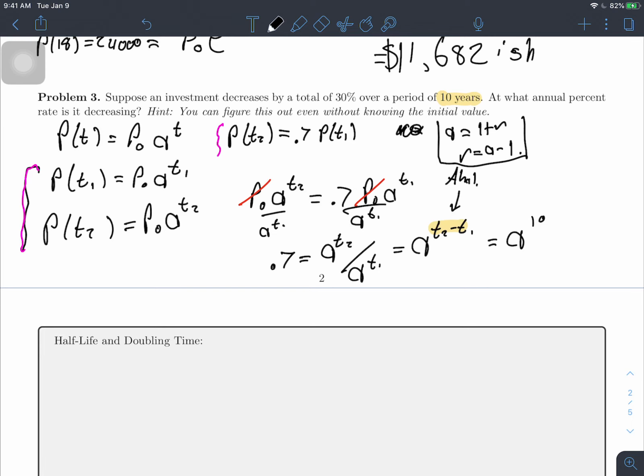So solving this entire equation, I have 0.7 equals A to the power 10. I'll take everything to the 1/10th power and get A equals 0.7 to the 1/10th power.